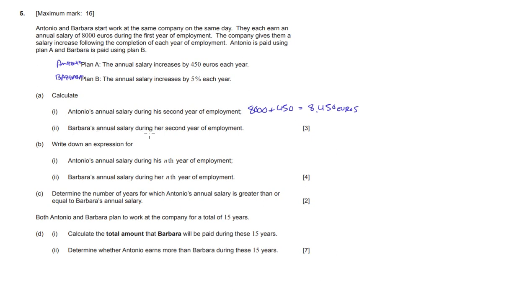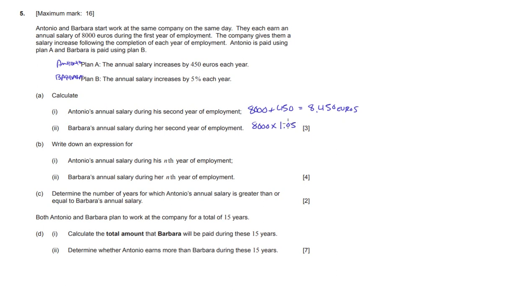Barbara's annual salary during her second year of employment is going to be increased by 5%. So we're going to do 8,000 times. Now you can multiply this by 5% and then add it to the original 8,000, or the quick way, if you'll remember, is multiply it by 1.05, right? Because the 1 is the original 100% of the 8,000 plus an extra 5%.